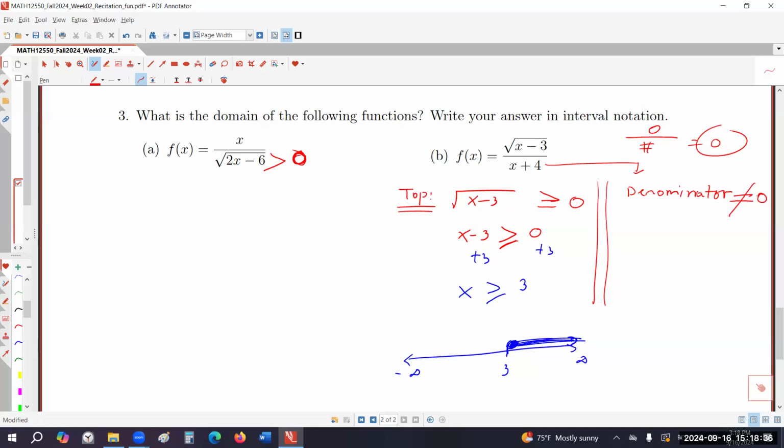I'm saying the denominator cannot be 0. What do we have on the denominator? x plus 4. That means x plus 4 cannot be 0. Not x, the whole expression, x plus 4, cannot be 0. Solve for x. What do you do? Minus 4.